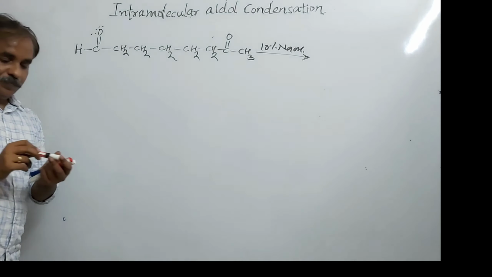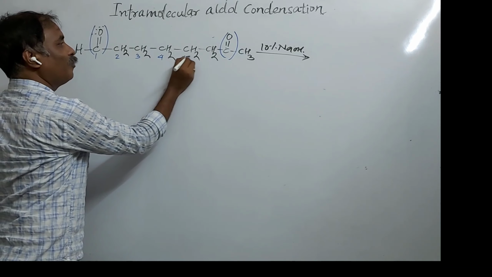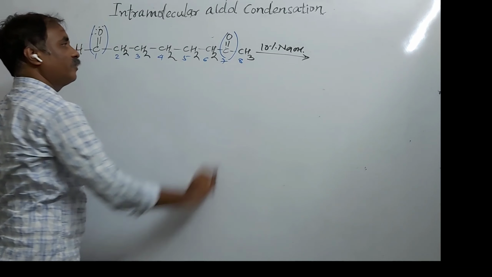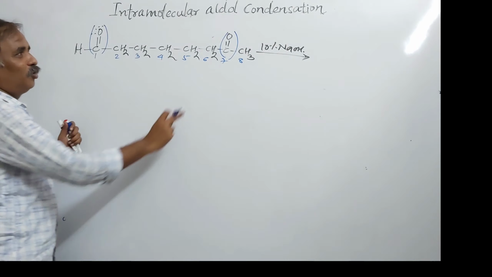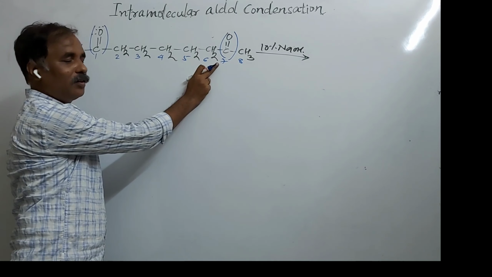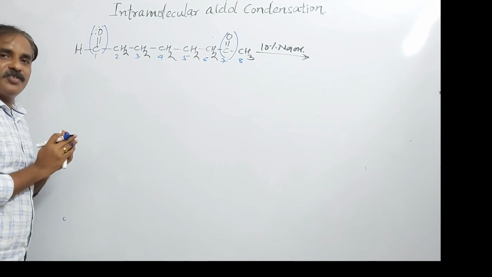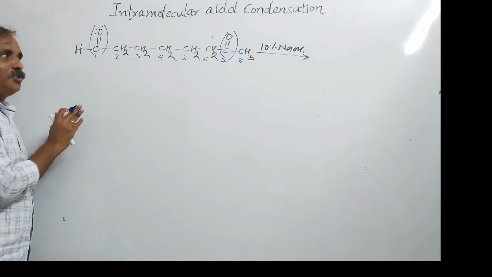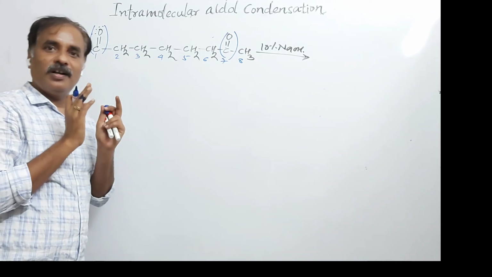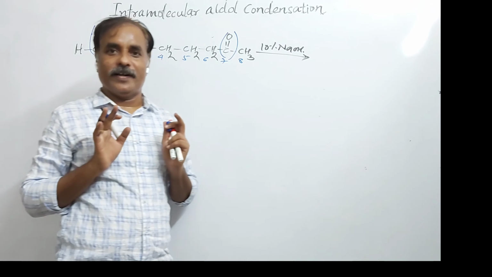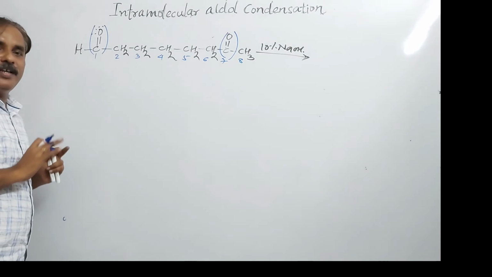So read the first carbon, second, third, fourth, fifth, sixth, seventh and eighth. So what is the position of this carbonyl group? Seventh. So what is the IUPAC name of this compound? Family of this compound: this is not ketone, this is aldehyde, because the priority goes to aldehyde. ये aldehyde है, ketone नहीं है.